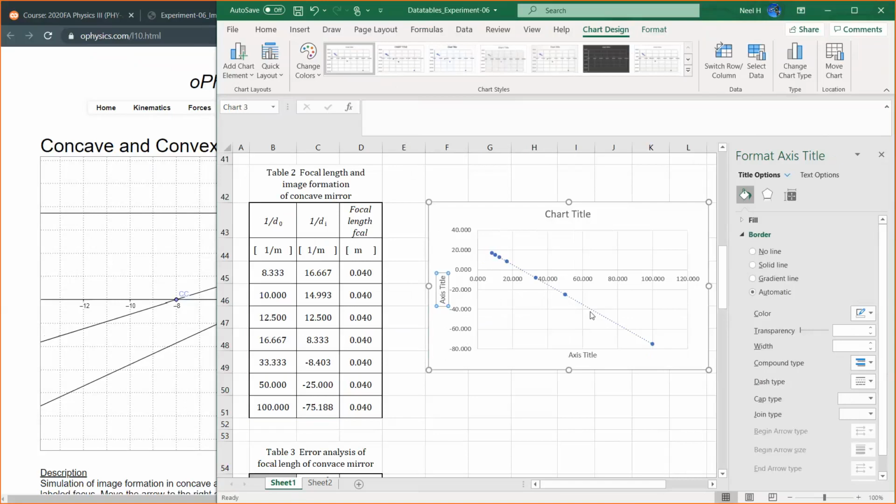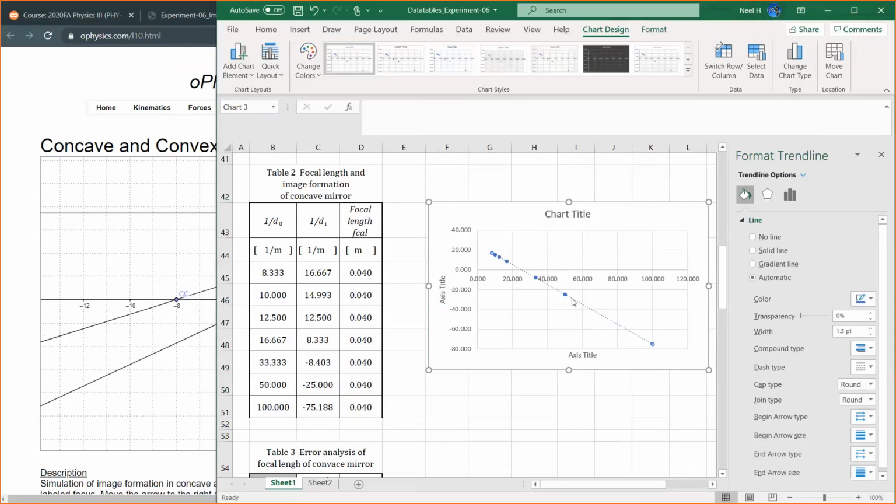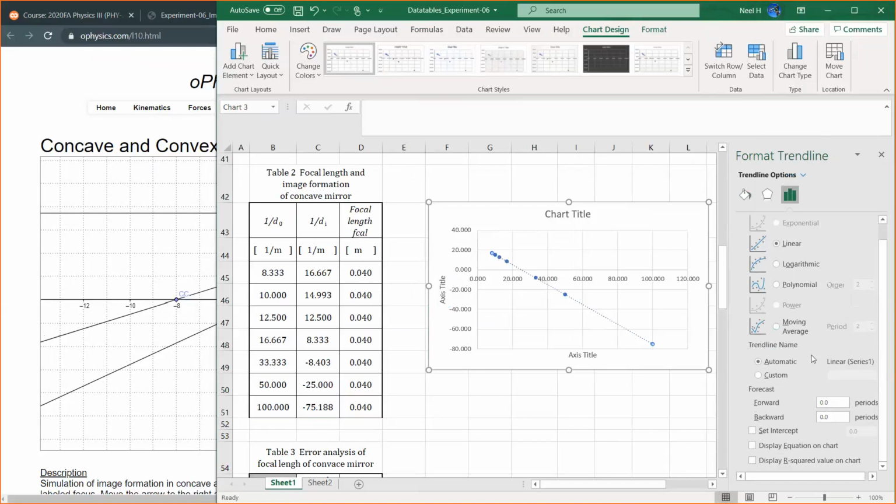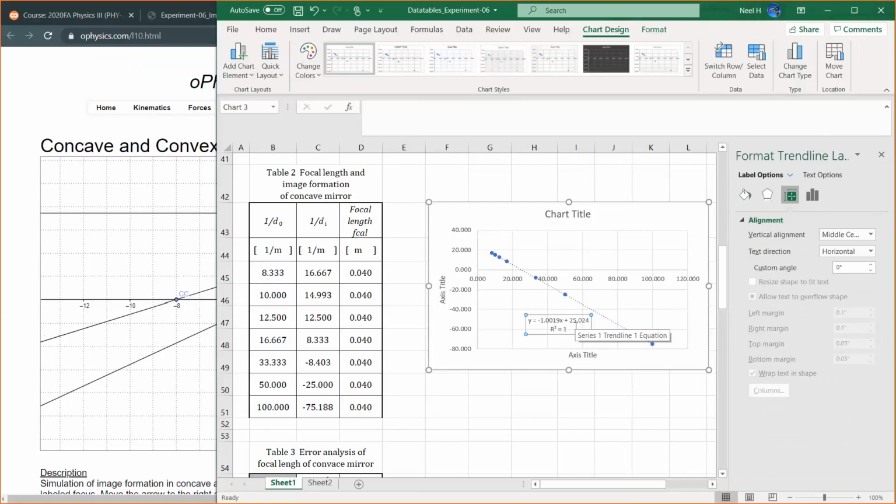To check that, you double click on this line and then go into the right hand side, keep the linear, and then click the last two only, because the y-intercept is not 0 any longer, right? That's the number we are expecting. So if I get the inversion of the y-intercept, that should be equal to the focal point. Let's take a look at that in a bit.